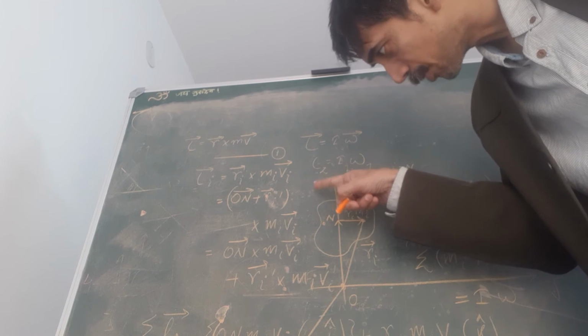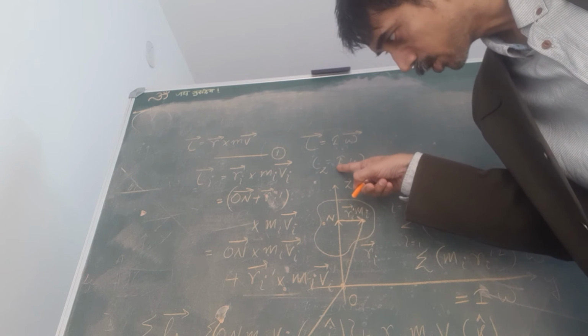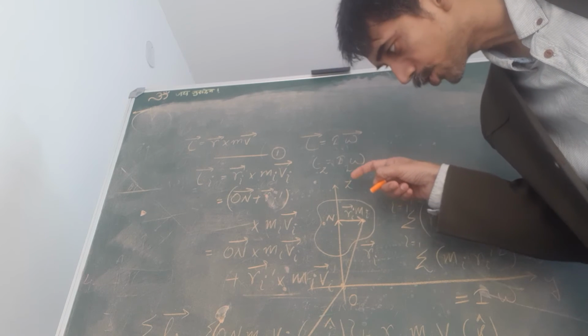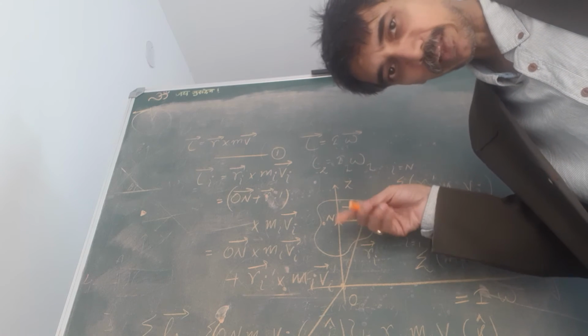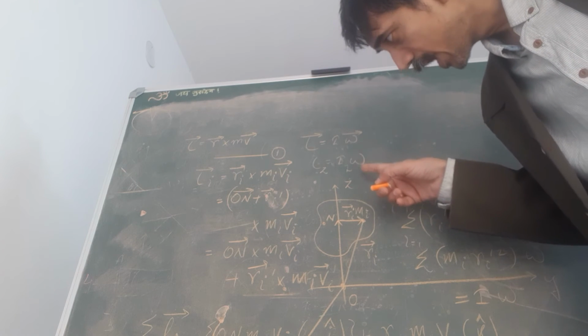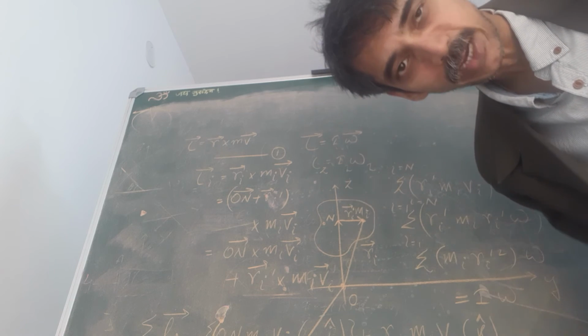That means angular momentum of this body about the Z axis is the moment of inertia of this body about the Z axis into omega about the same axis, that being the axis of rotation to us. We cannot say that this will lead to L vector is equal to I into omega vector.